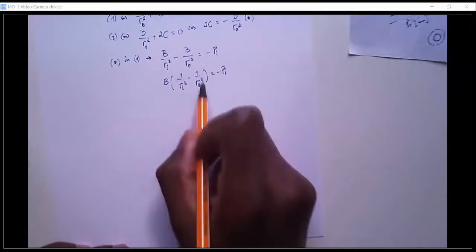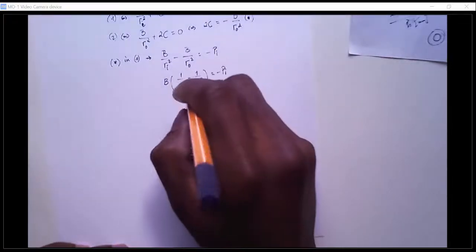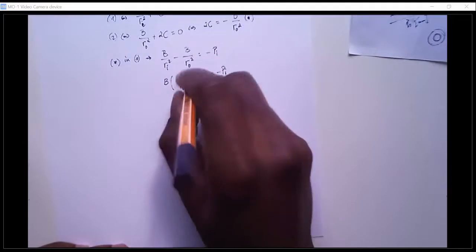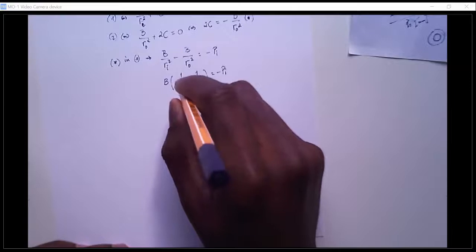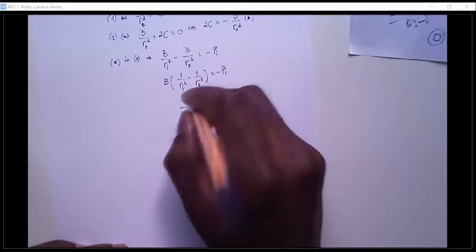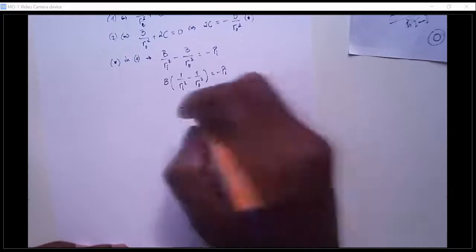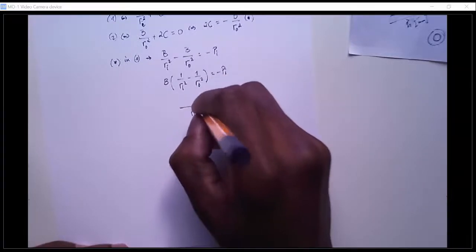We're just gonna write this in a more common form. I'm gonna bring those two fractions to the same denominator, that is ri squared times ro squared, for example.